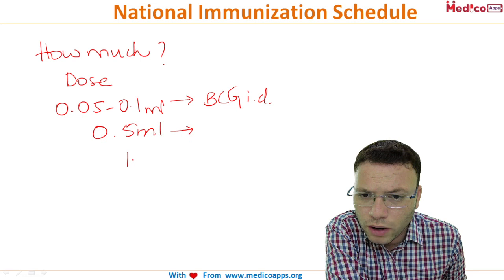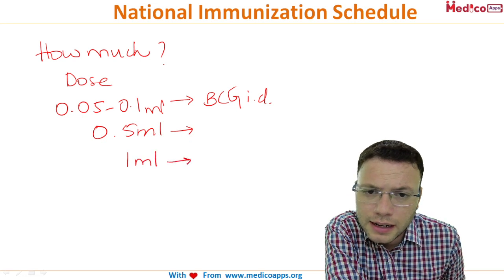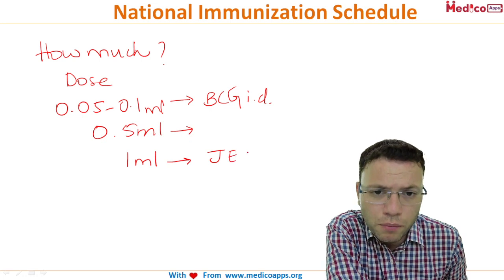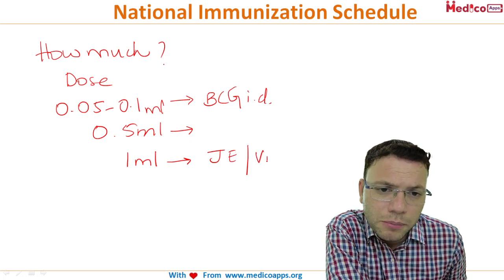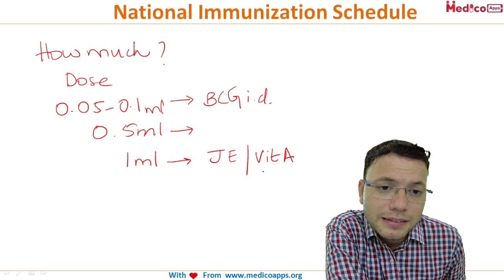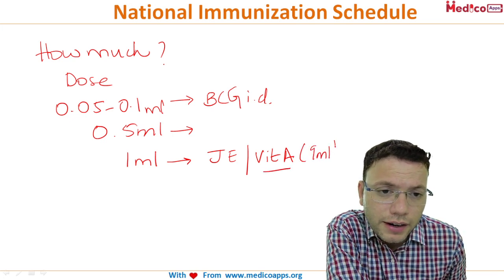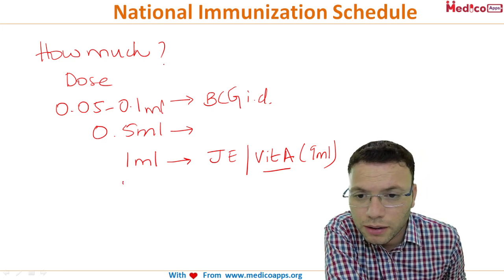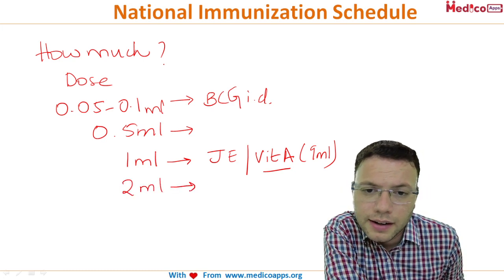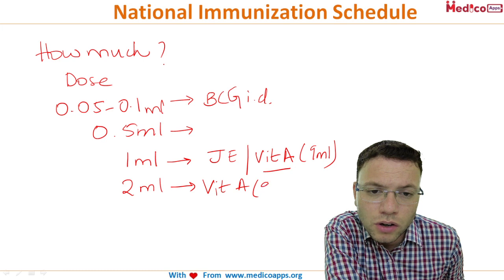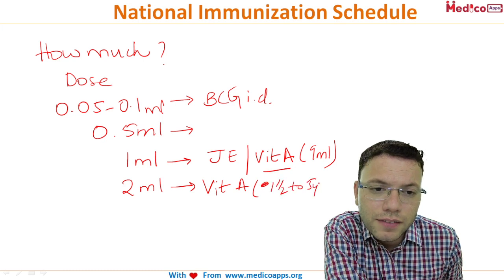Only one we have that is 1 ml, that is Japanese encephalitis in injectable form. Vitamin A you give along with measles in the 9th month. Finally you have one more dose, 2 ml, that is only for vitamin A, that you give from 9 months onwards, from 1.5 years to 5 years, every 6 months.